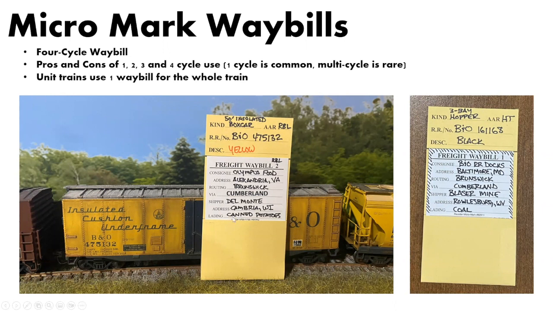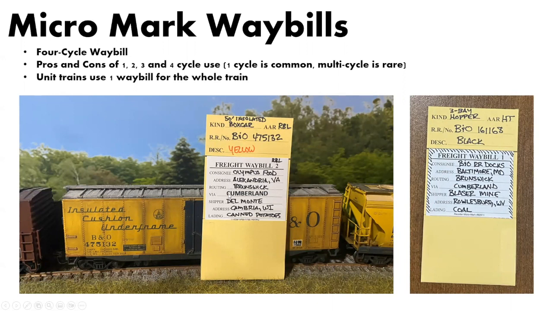But really, you could disregard and you don't even need to fill in the shipper if you didn't want to, or where it's going to. That's not really needed, or the address. I do it just because I think it's interesting and lets people get an idea of what's really going across the railroad.